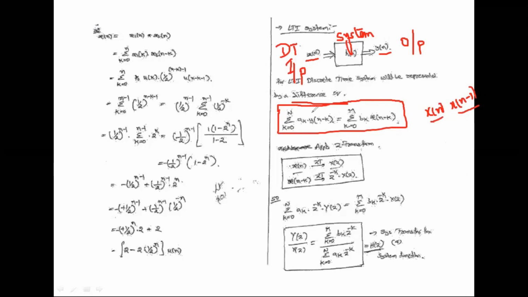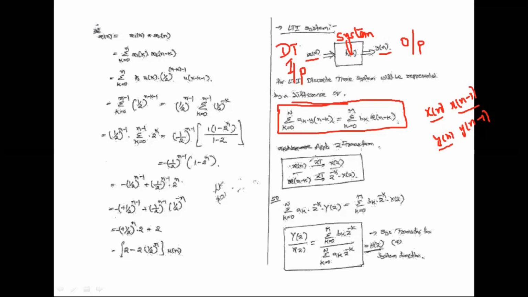Similarly, in the left hand side, you can substitute k equal to 0, it becomes y of n and y of n minus 1. y of n is the present output, y of n minus 1 is a past output. In the input and output, it does not depend upon the future inputs and future outputs. It only depends upon the present and past inputs, and the present and past outputs.